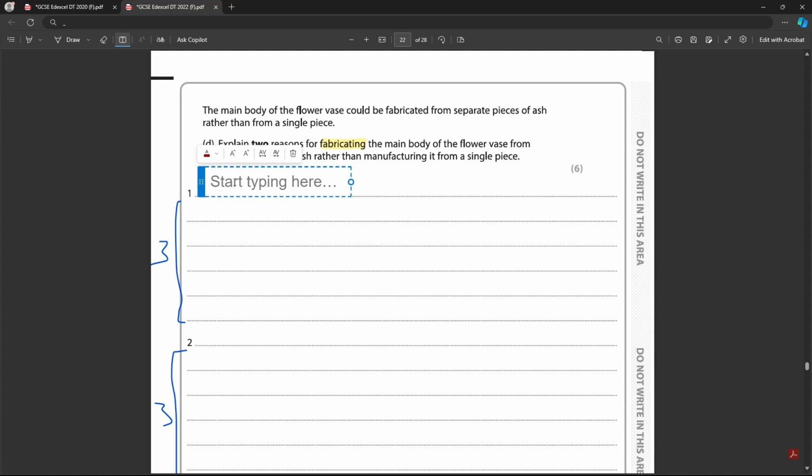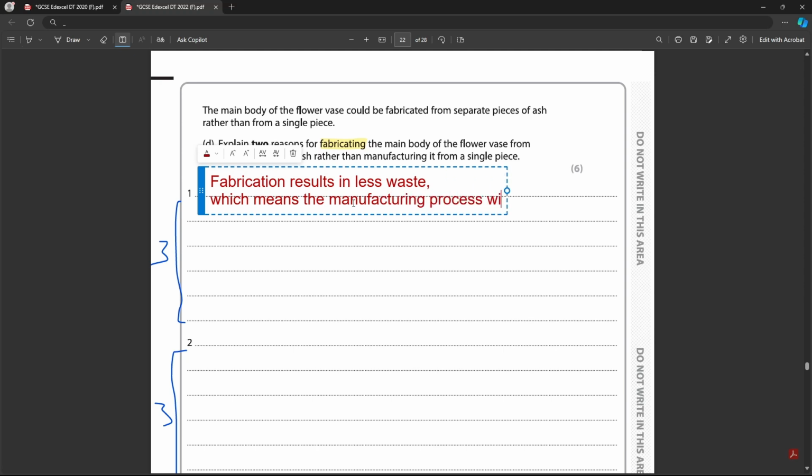So, less waste. Fabrication results in less waste, which means the manufacturing process will cost less material.